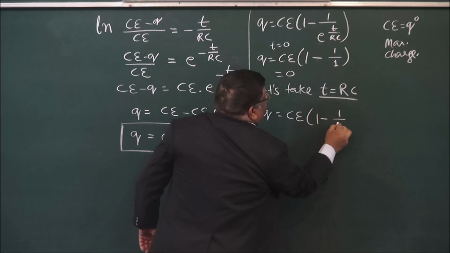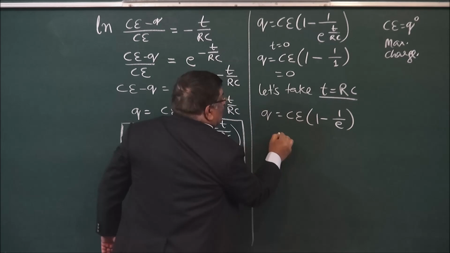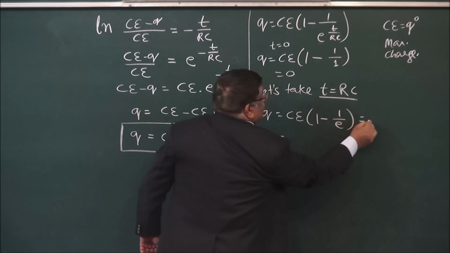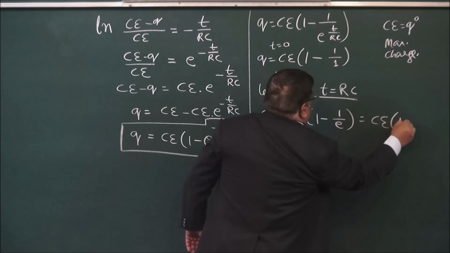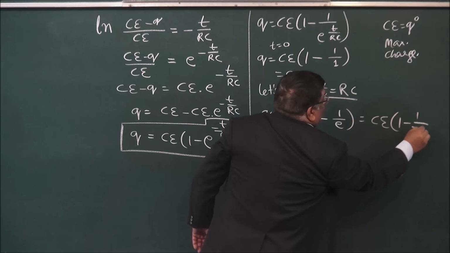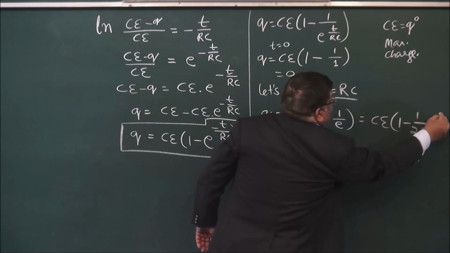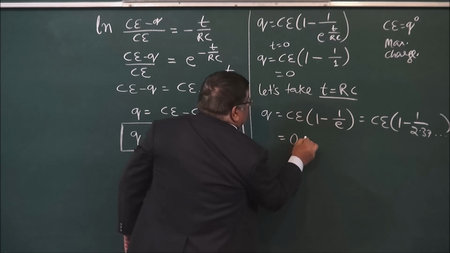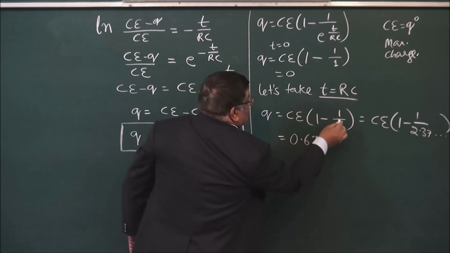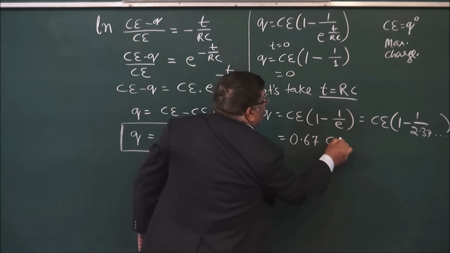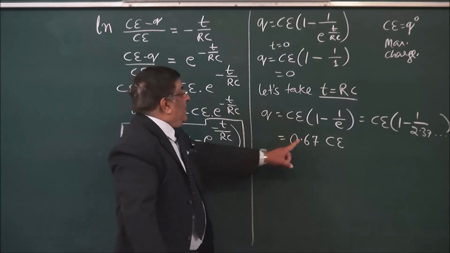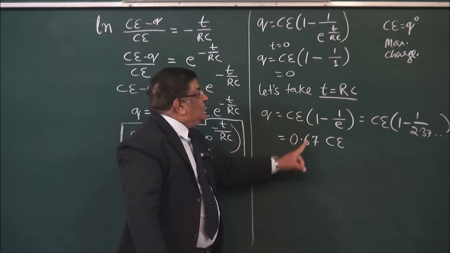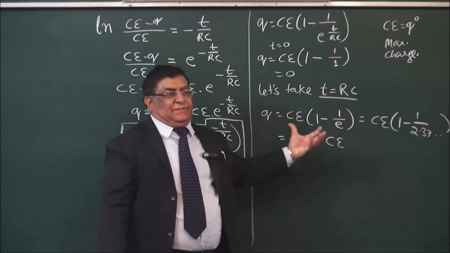And here we put the value, you know the value, it is CE times (1 minus 1 upon 2.37). Okay, if we solve it, this will come to 0.67 of the maximum charge on the capacitor, 0.67. So this is the charge when the time is equal to RC.